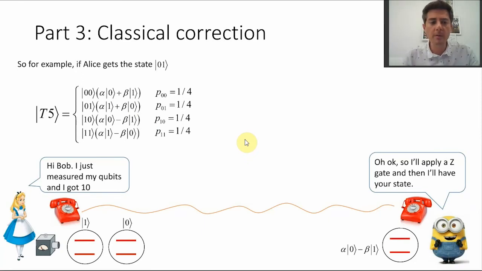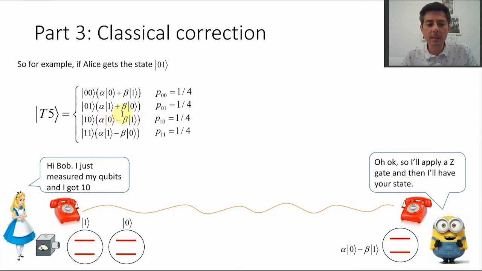So just to give you an example of that, let's consider the case where Alice and Bob follow this procedure, and on this particular run, Alice gets the result 1, 0. This is a case where we know that Bob will actually get the state alpha 0 minus beta 1.